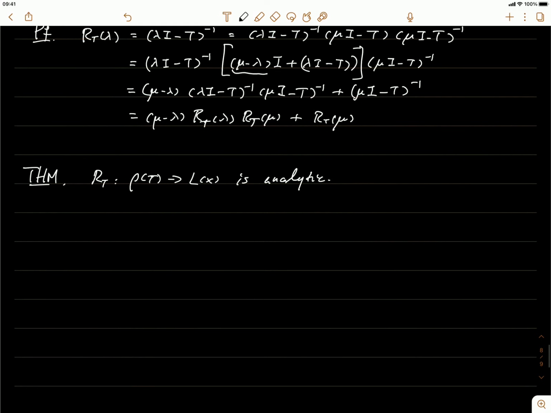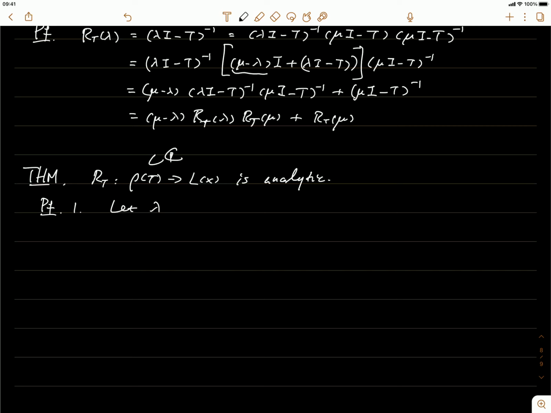Remember this is in C, so analytic means that it is differentiable at every point. So let's see how to show this. We first want to show the resolvent is continuous, and then we show that it's differentiable.